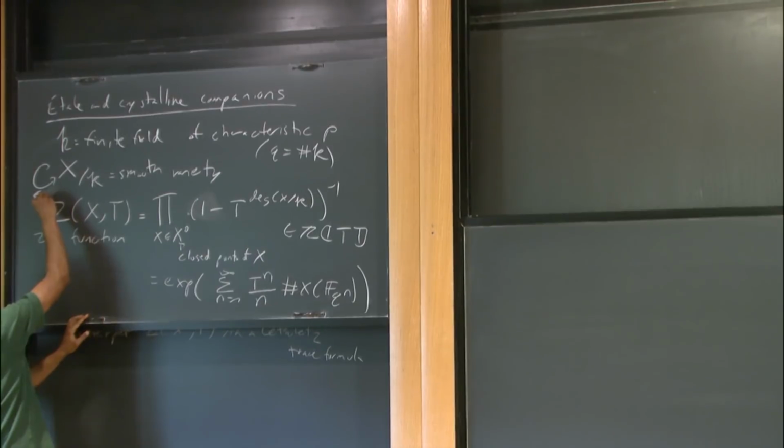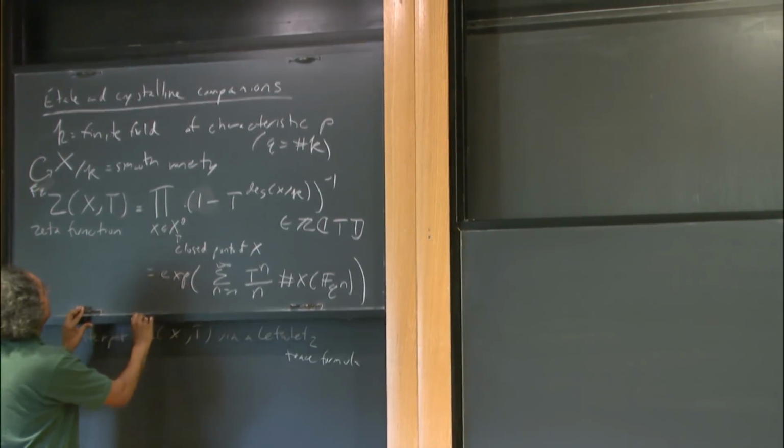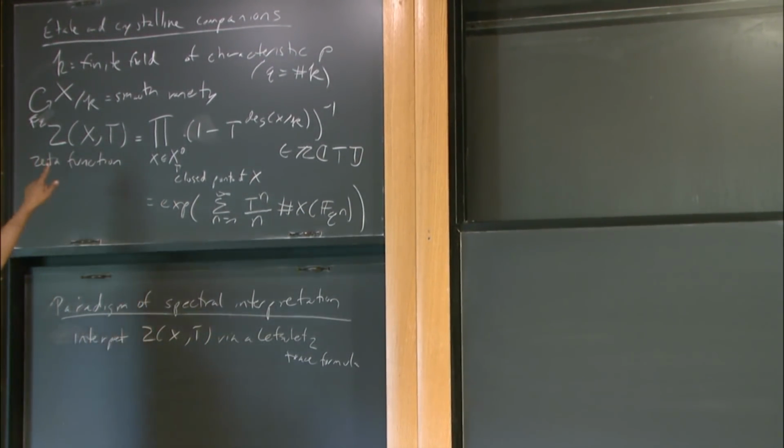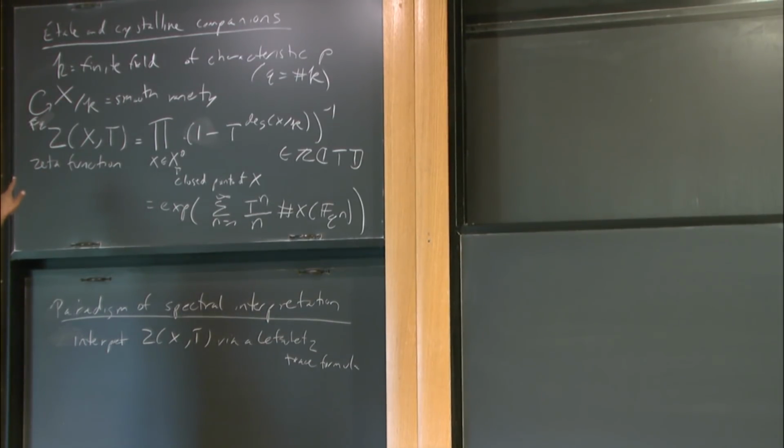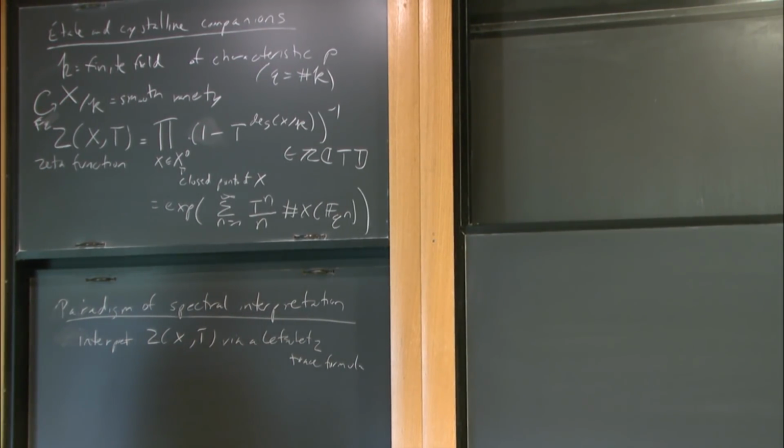And so in particular, it defines an automorphism of x. Maybe I should write F_q to mean the q-power Frobenius, which is k-linear because I'm taking q rather than p. And so that acts on x.